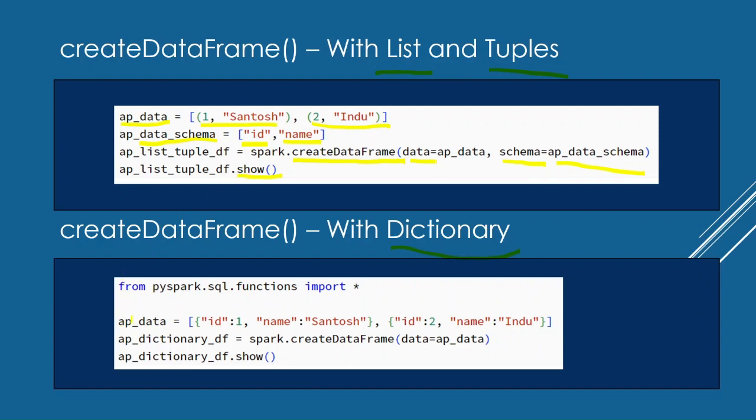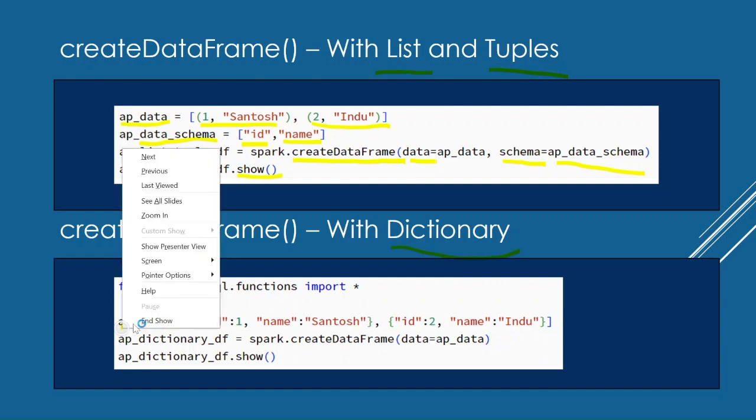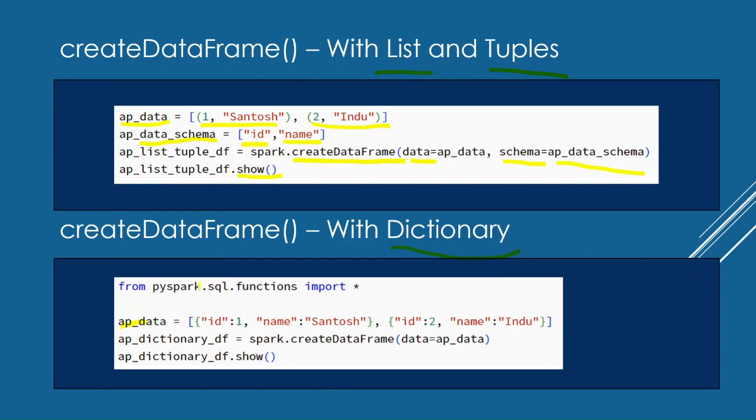Here, I am defining one variable of dictionary type. I am also defining the schema. The schema columns are: the first one is ID, the second one is name, and I am creating two objects in this dictionary, this one and this one.